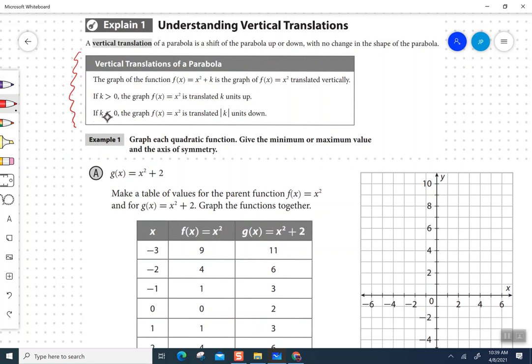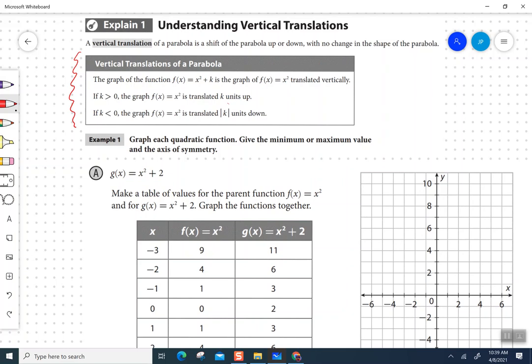If k is smaller than 0, now, things that are smaller than 0 are all negative numbers. If that's the case, then you are being translated, notice what it says, absolute value of k units down. So if k was negative 5, the absolute value of negative 5 is 5, so you would go down 5 units.